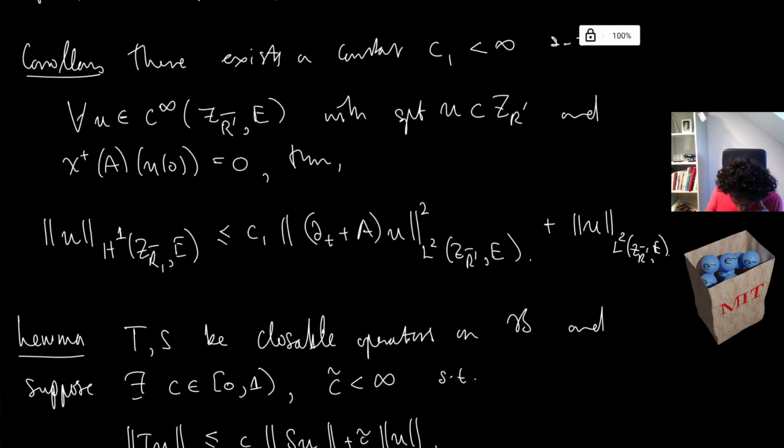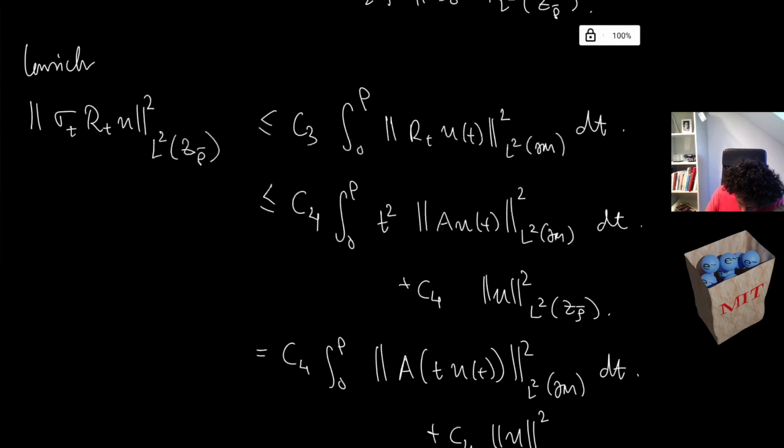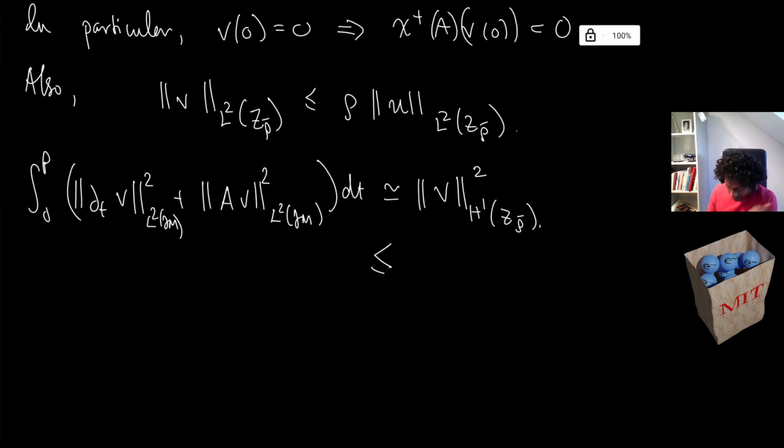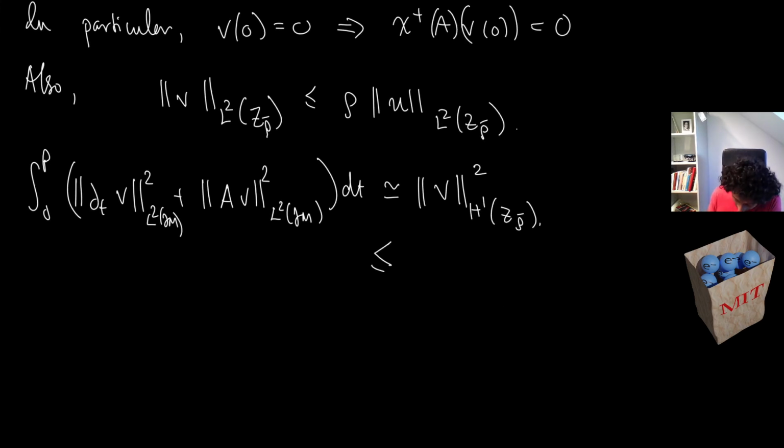The constant in the comparability of the Sobolev norm and H1 depends on R but is independent of rho. So we get this bounded in terms of the L2 norm of dt plus A of v on Z rho bar, from the previous proposition.